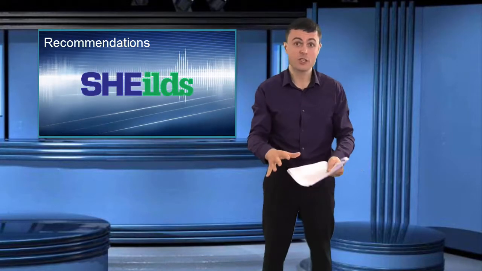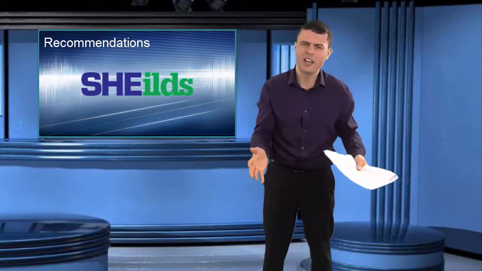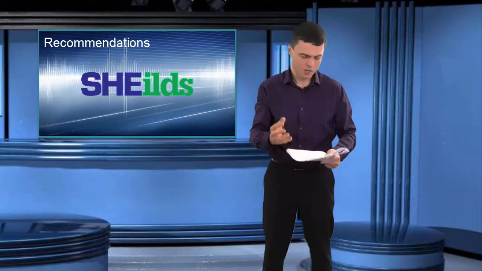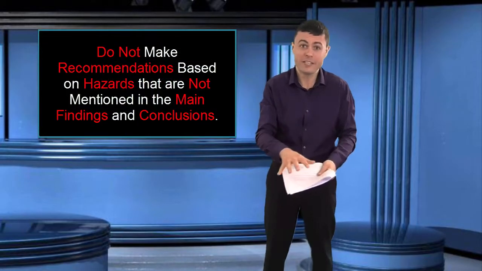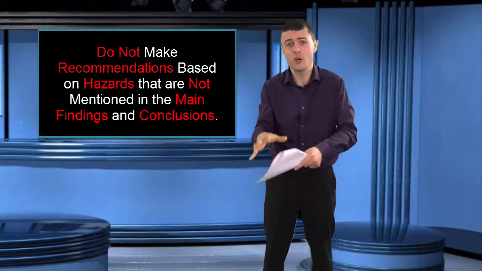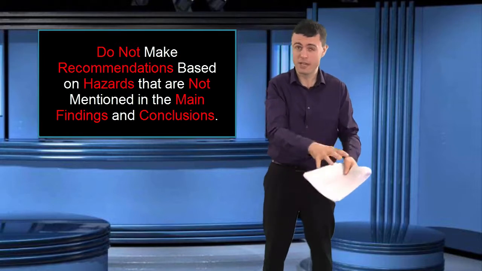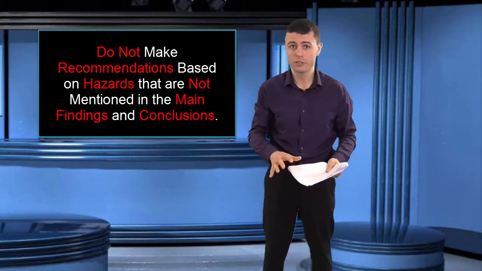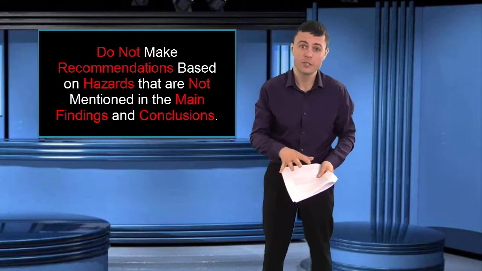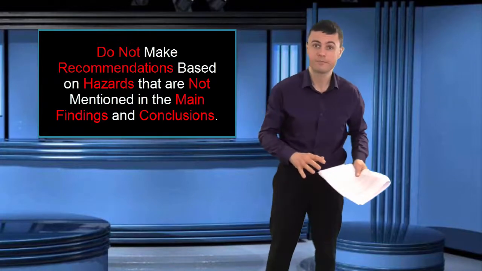So for example, if on your observation sheets you identified a problem with a faulty piece of lifting equipment, but it was quite minor, so you didn't discuss it in the main findings, and therefore you didn't discuss it in the conclusions either, well, that means don't make a recommendation for it. Because if it's not important enough to talk about in the main findings and in the conclusions, then it's definitely not important enough to talk about in the recommendations.